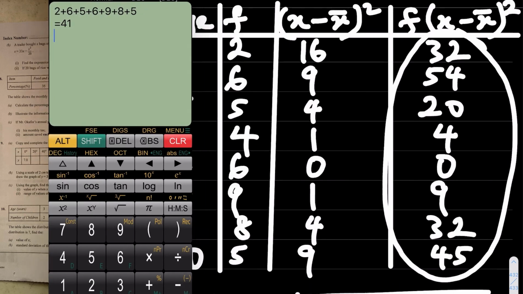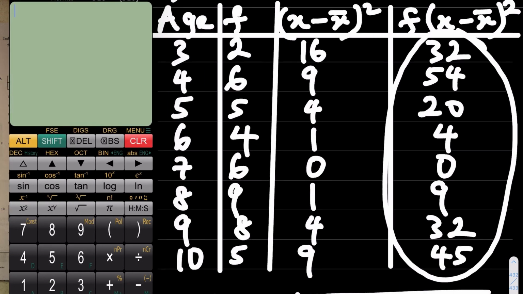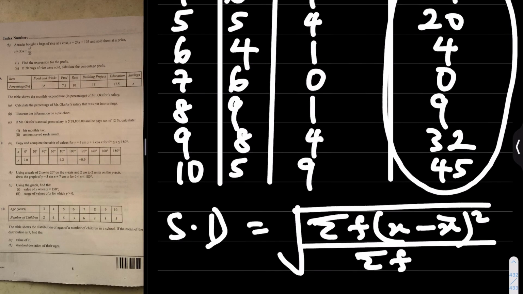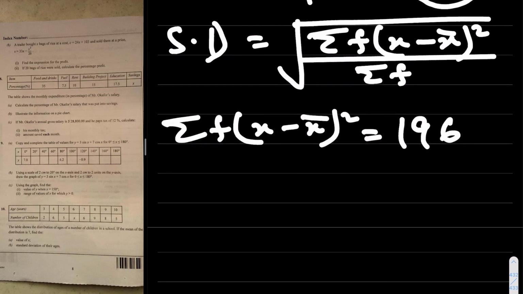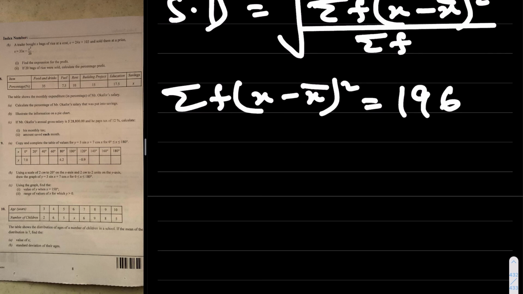So let's check that quickly. That's 32 plus 54 plus 20 plus 4 plus 0 plus 9 plus 32 plus 45. And that's 196.